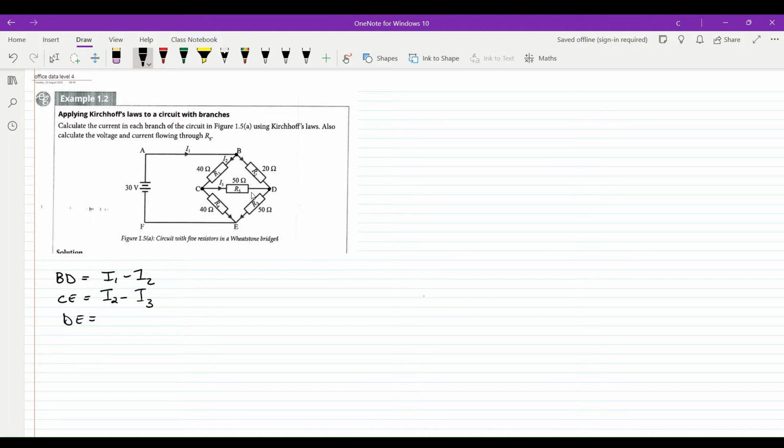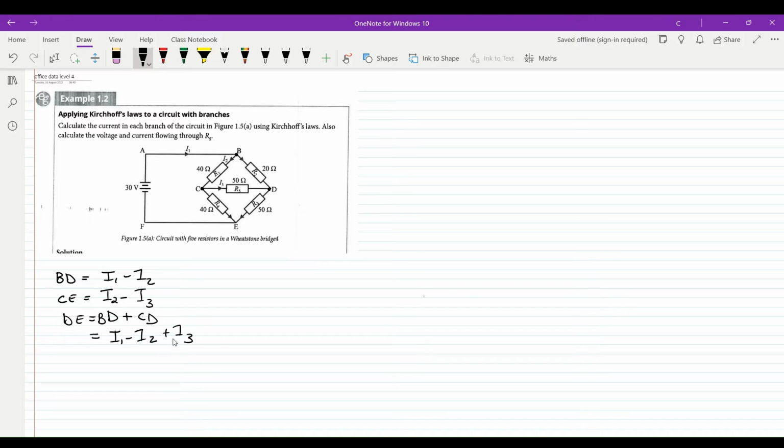That is I3. If both of these currents are moving towards that junction, what is happening? We're adding. Therefore, the current in DE will be equal to BD plus CD. BD is given as I1 minus I2. CD is given as I3. These are the currents which are present in all of these junctions.